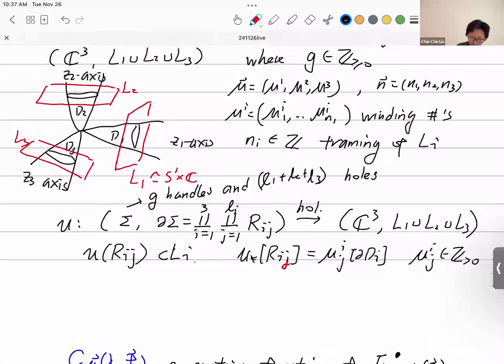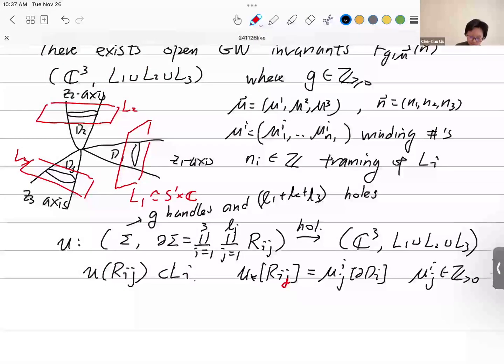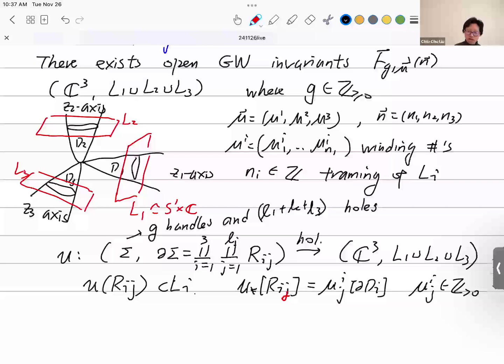So we call them winding numbers. So at least there are some maps, and they predict that we should be able to do a virtual count of such holomorphic maps.